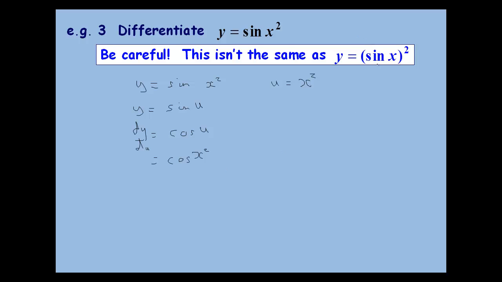For our du/dx bit, we've got du/dx equals 2x. So again, chain rule. I will write it out again, although hopefully by now you don't really need me to anymore.